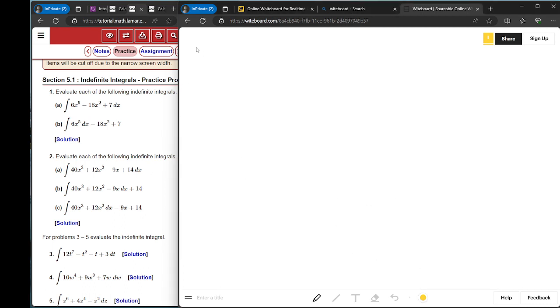Anyway, let's start. We have the integral of 6x to the fifth minus 18x squared plus 7 dx. So if this is the case, I need to integrate them separately.